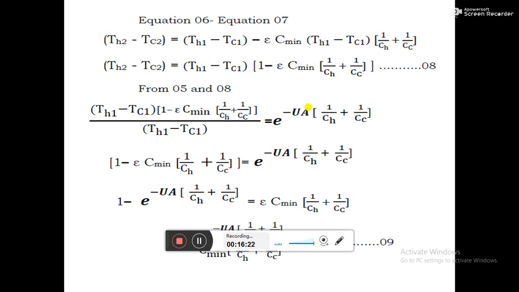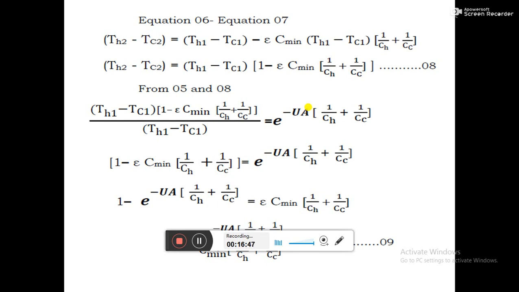On the right side, we have TH1 minus TC1 common. Taking the term outside, we get TH2 minus TC2 equals (TH1 minus TC1) into [1 minus effectiveness into C minimum into (1 by CH plus 1 by CC)]. Call this equation number 8.